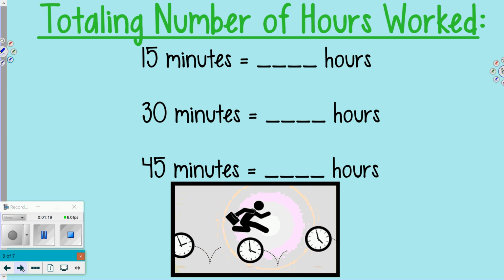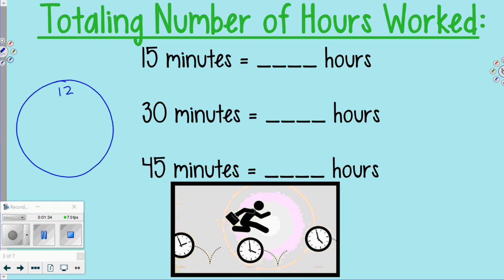Okay, so totaling the number of hours you work, we always need to think of things in terms of hours. So 15 minutes is a quarter of an hour. If you think of a clock, we can draw in the 12, 3, 6, and then 9. A clock is divided into quarters, right?